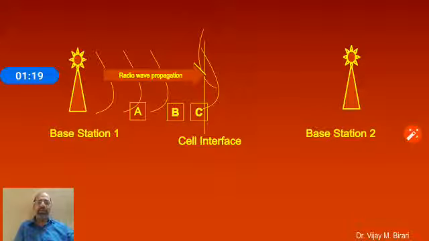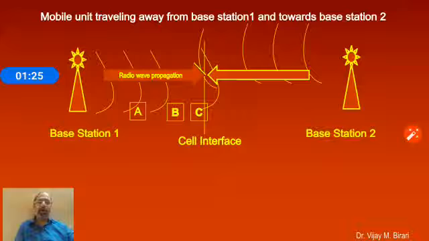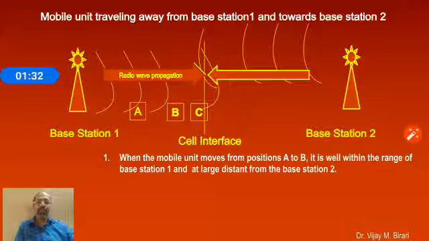If we consider the mobile unit moving from one base station area to another base station area, here we can consider an example. Mobile unit 1 is at position A, moving to position B, which is within the range of base station 1 and far away from base station 2.